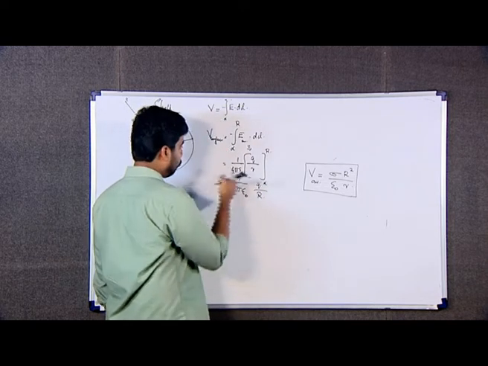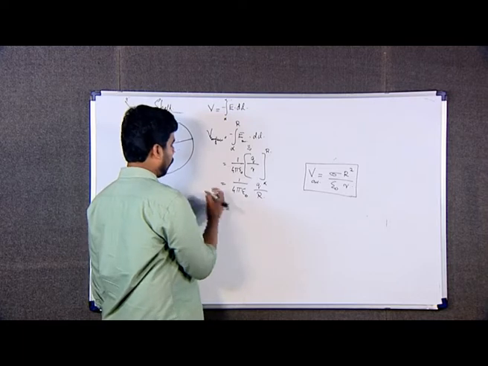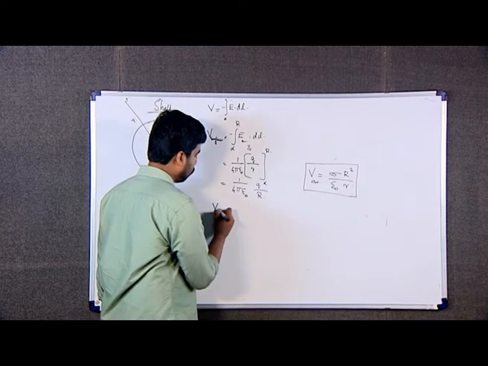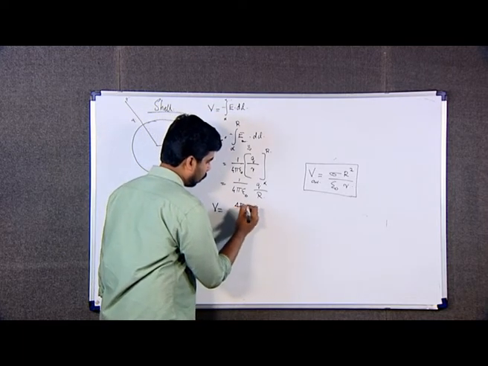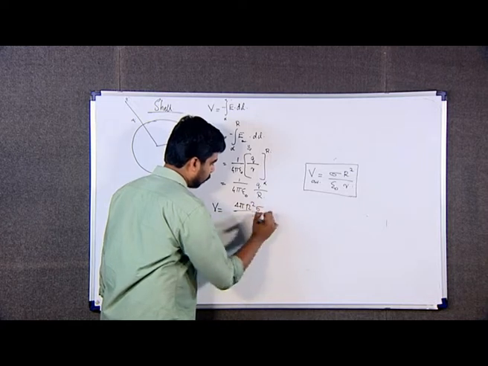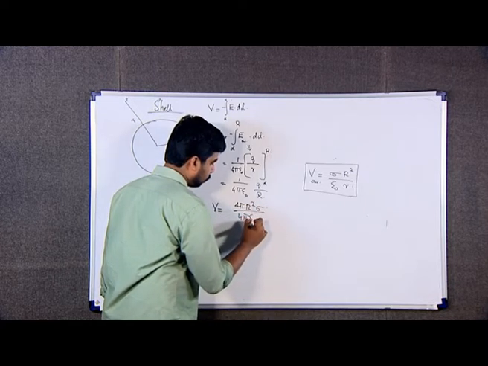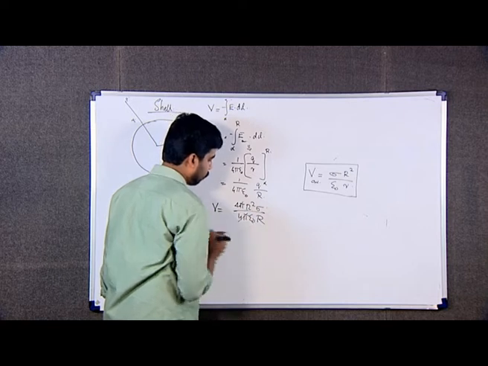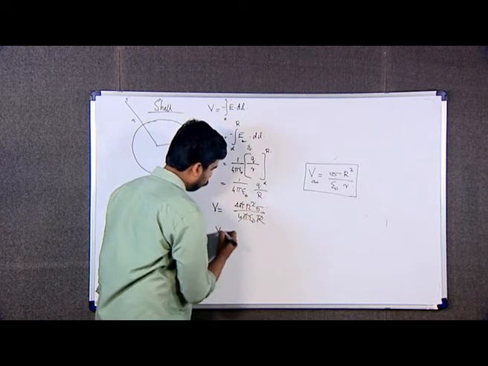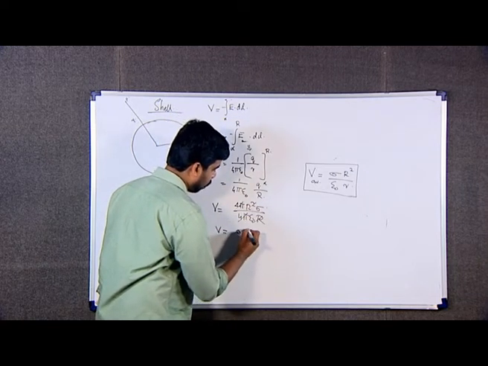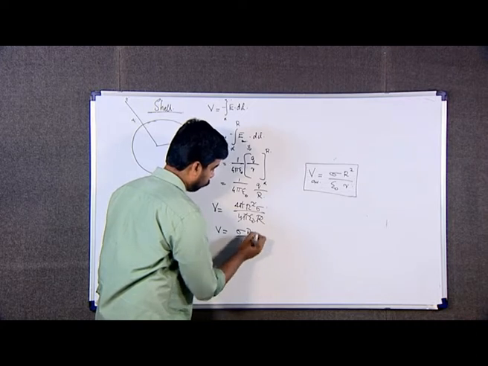And if the surface charge density is sigma, I can write q as 4 pi r square sigma, over 4 pi epsilon 0 r. 4 pi and 4 pi will go, r and r will go. So, V is equal to sigma r by epsilon 0.